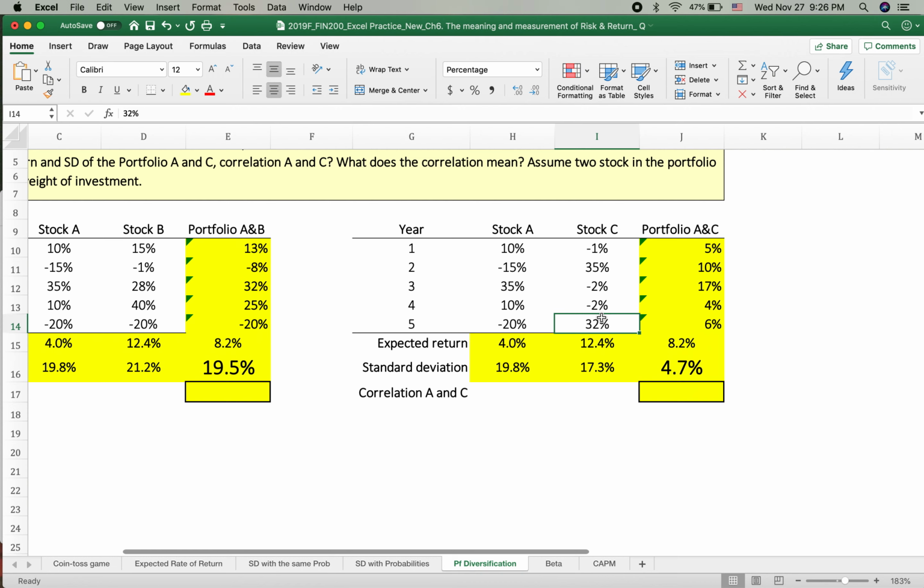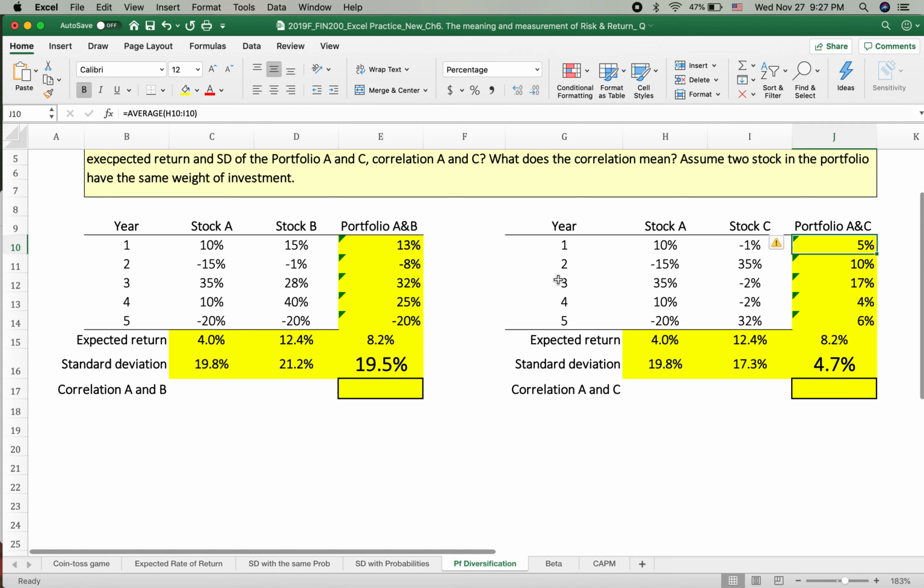So they compensate for each other, right? When stock A was good, stock C was not good. But that's okay. They still make a positive rate of return on the portfolio. But when you compare this portfolio, the portfolio A and B increases, decreases, decreases, increases, increases, decreases. There's a significant drop, the up and down, right?